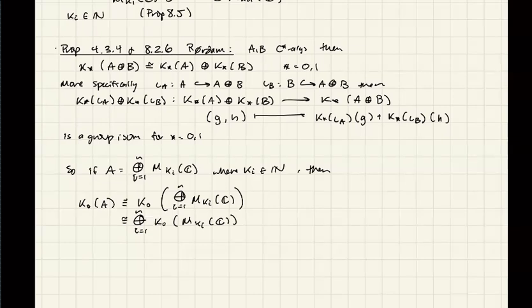Okay, and we know what the K0 group of this is, right? This is just the integers. So I have the integers being summed together n times. Okay, great. What do you think happens for K1?